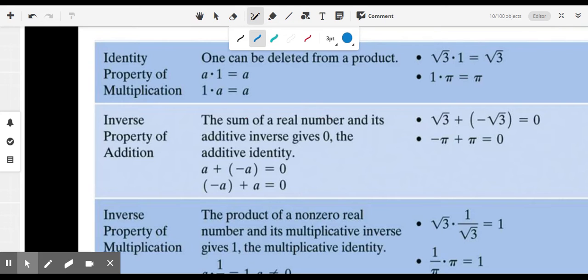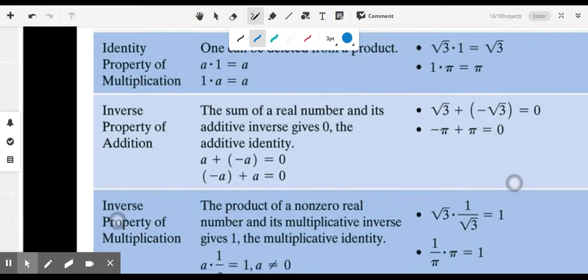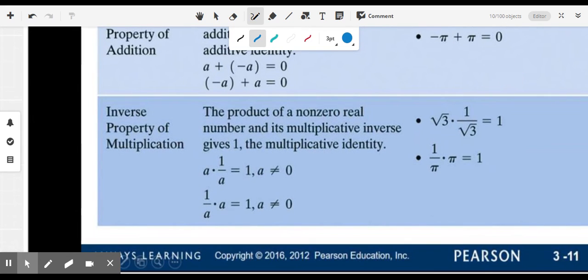All right. What is the inverse property of multiplication? Well, it is what can we multiply together to get 1. And you multiply by its inverse. That's how I can remember the inverse property. If you have a fraction, 3 over 4, what is its inverse? Its inverse would be if you flip the fraction over. And anytime you multiply together inverses, that would be 12 over 12, which is 1.